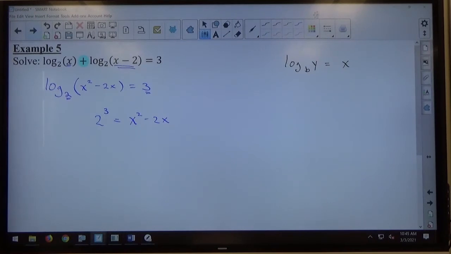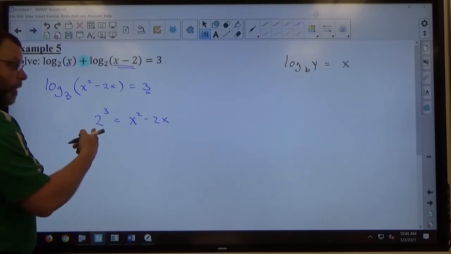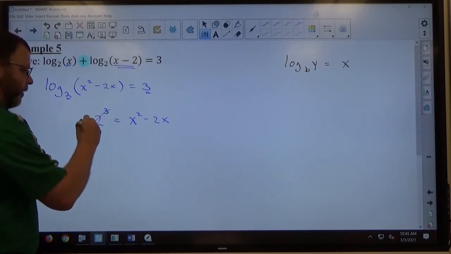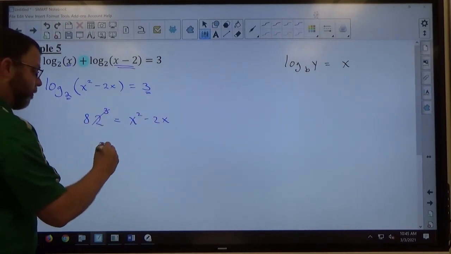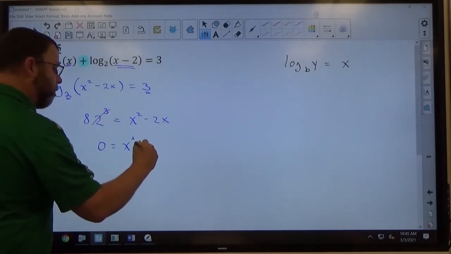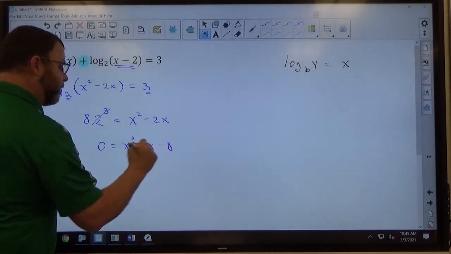Once again, I have a quadratic structure here. This is 2 cubed, which equals 8, right? So that's 8. If I move 8 to the other side, because I have quadratic, I want to equal 0, I'm going to get 0 equals x squared minus 2x minus 8.